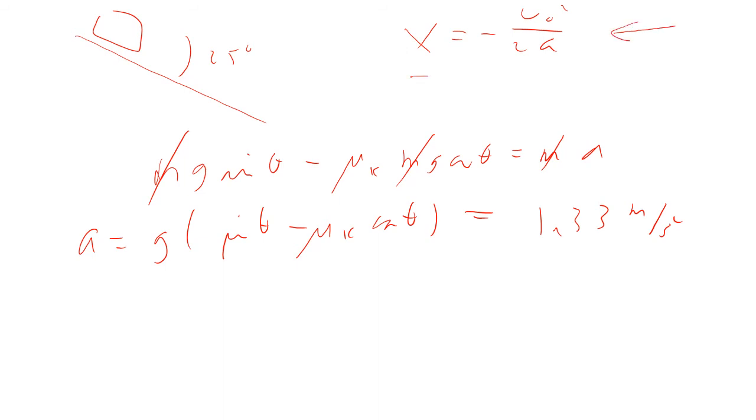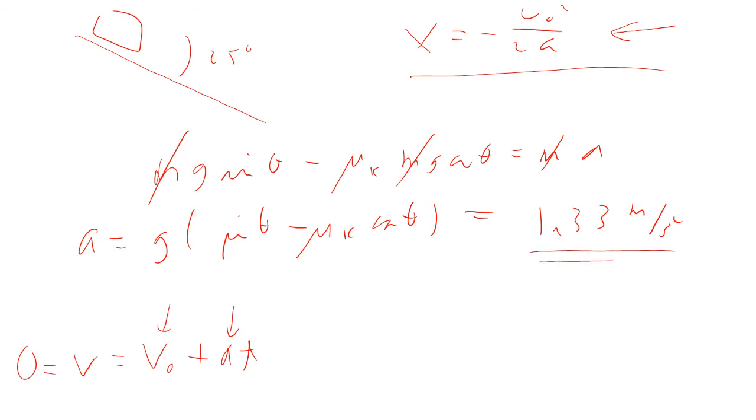Up here in my x equation, if you remember how we derived that, we assumed that v equals v naught plus at, and we assumed that was 0. V naught is a positive number, so we're assuming that a is negative.